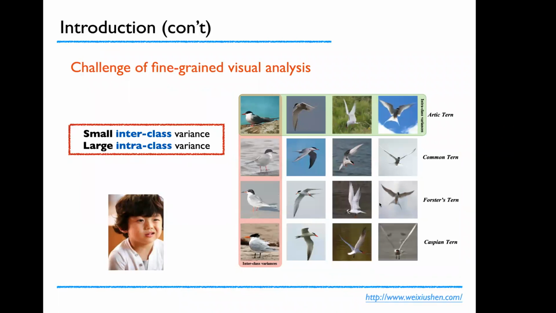As I mentioned in the opening remarks, the small interclass variations and the large intraclass variations are a unique characteristic of fine-grained visual analysis. It is also a major challenge of such an interesting problem.